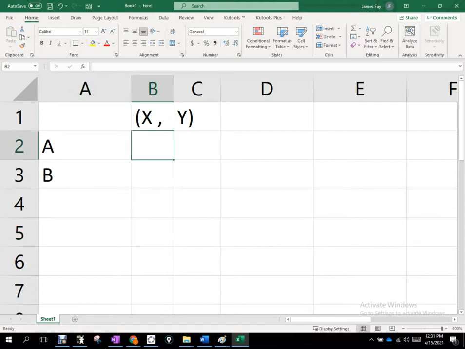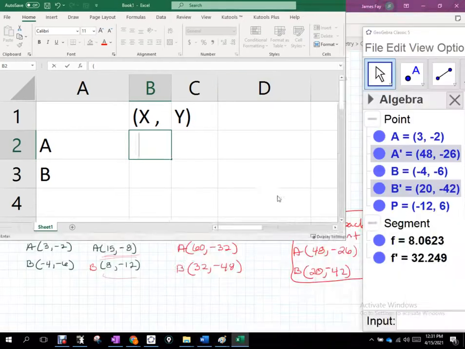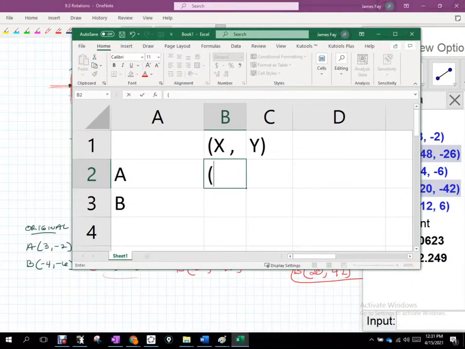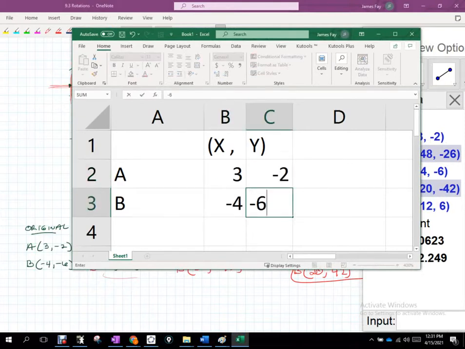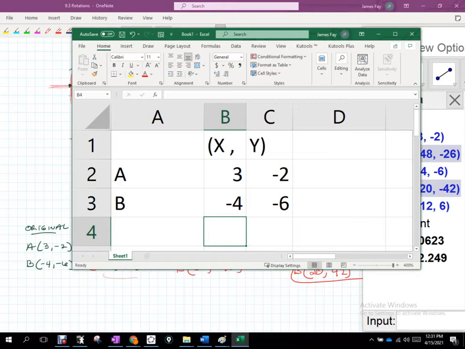So our point A that we were working on was 3, negative 2, right? Just put 3 there, negative 2 there, and I'll put negative 4 and negative 6 there. Those are the ordered pairs for point A and for point B. Is that okay with everybody?